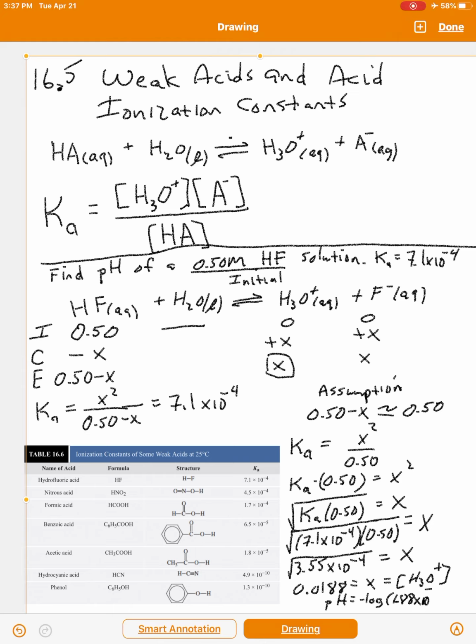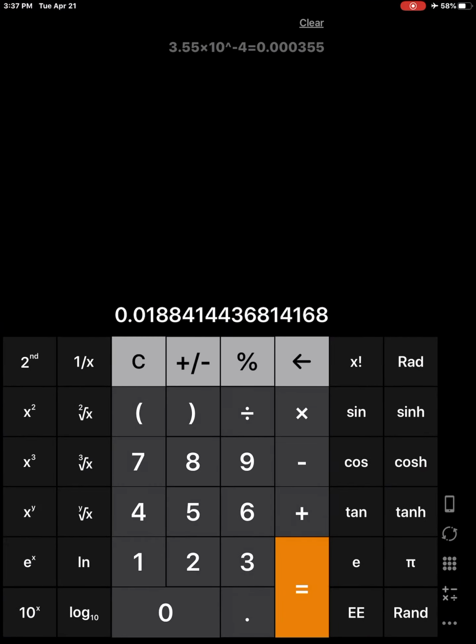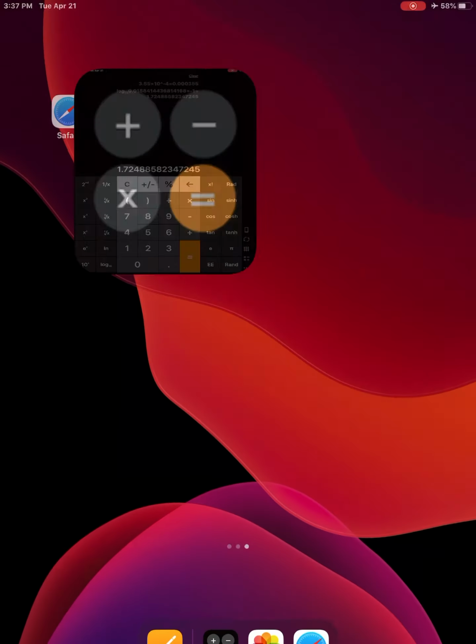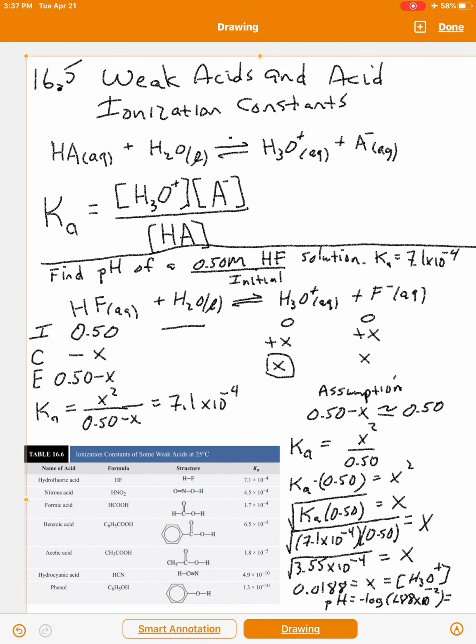Oops, 1.88 times 10 to the minus 2. Okay, let's figure out what that is. So there's our number, so let's take the log of it, and then multiply it by minus 1. And you get 1.72. And there's our answer, 1.72.